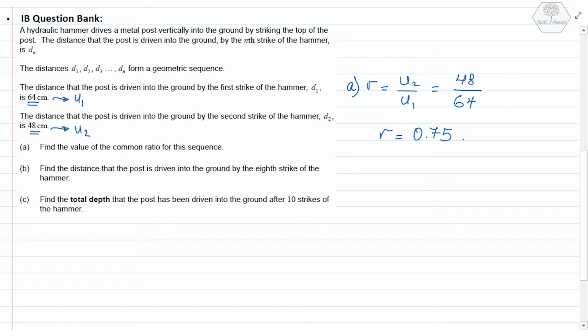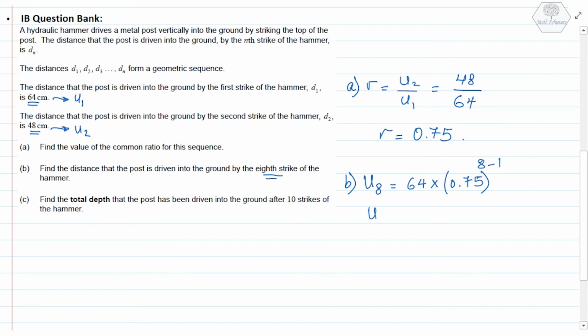For part B, we need to find the distance that the post is driven into the ground by the 8th strike. So I need to find the value of U8, the 8th term. This is equal to U1, which is the first term, 64, times the common ratio, which is 0.75, to the power of n minus 1, which is 8 minus 1.